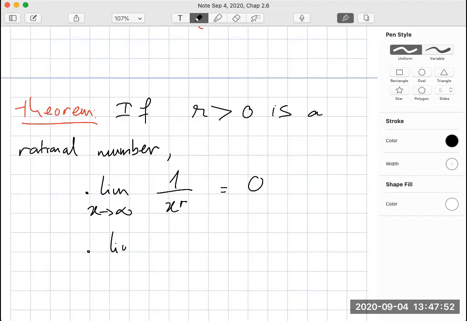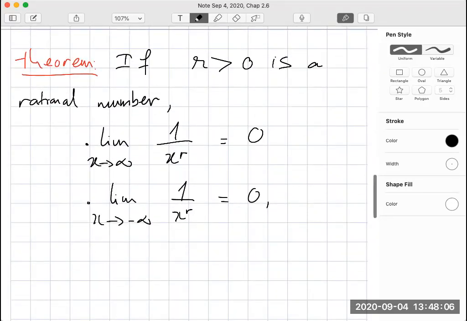Or the limit when x goes to negative infinity of 1 over x to the r should also be 0. In the second case, we need the condition that x to the r should be defined for any x.